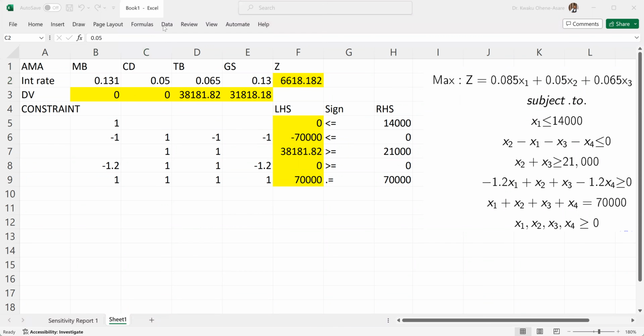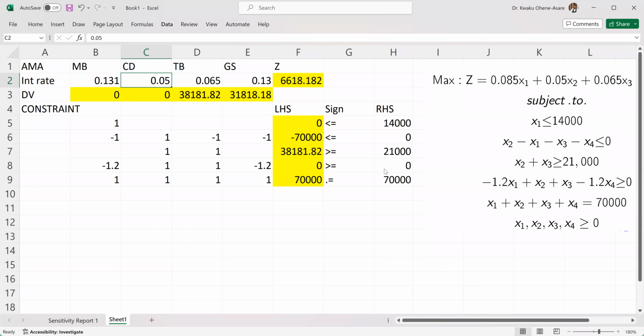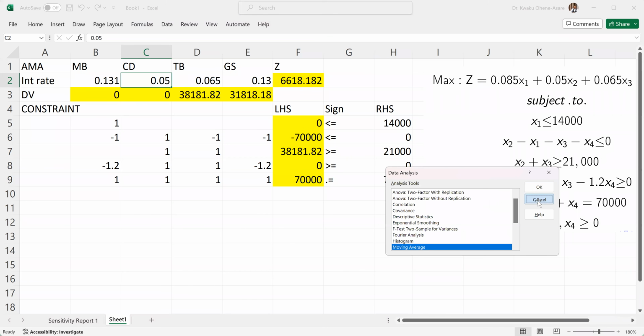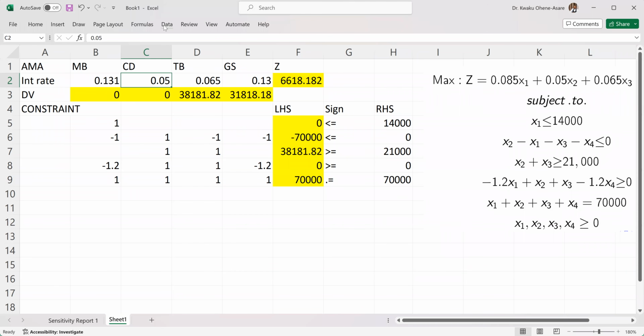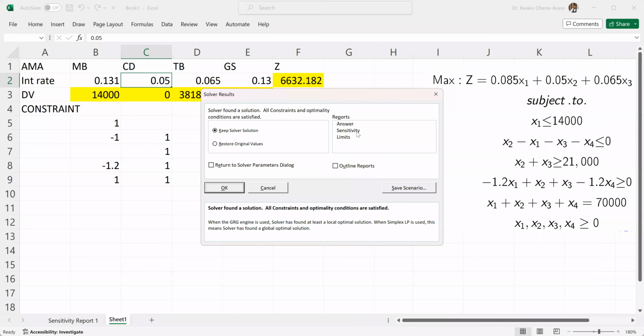Let's see. And then let's run the model again. Let's go to our data. It will give us another sensitivity range, which is known as sensitivity range 2. Let's run that. Okay. And there you go.